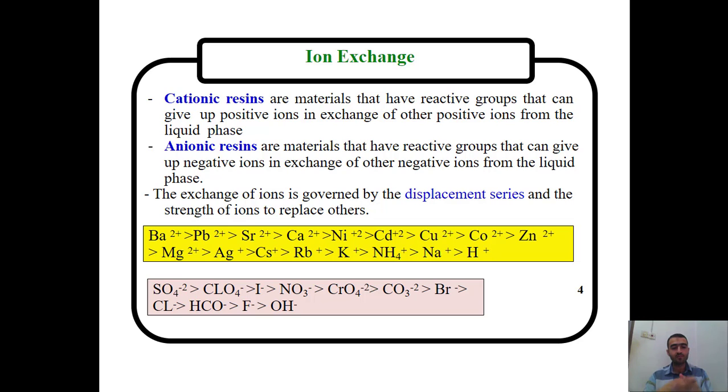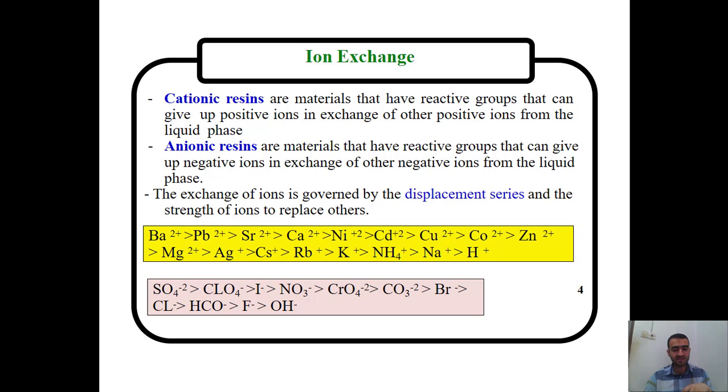But what is the governing concept that determines which anion will replace another anion, or which cation will replace another cation? There is something called the displacement series. The displacement series is the governing concept that governs the exchange of ions, and also the strength of the ions that will replace each other.